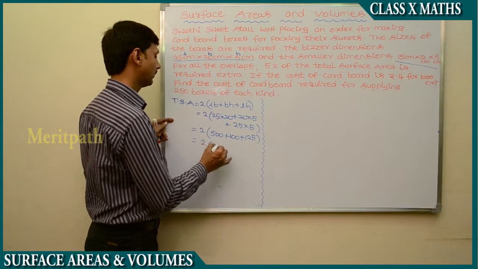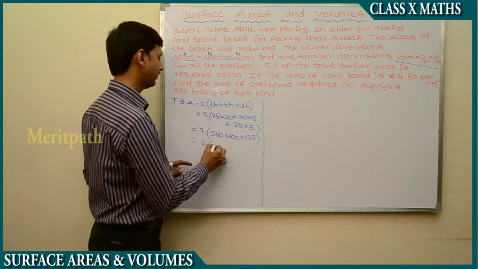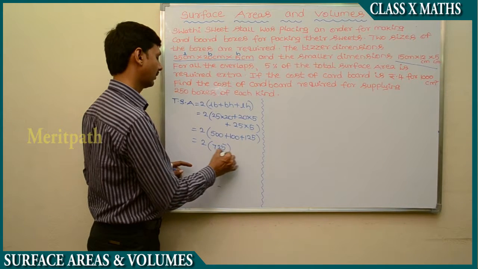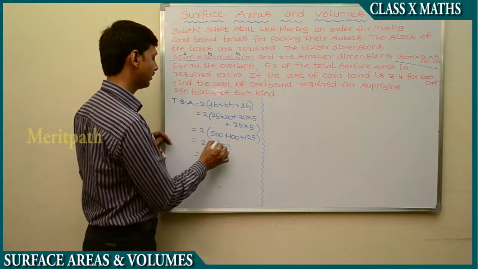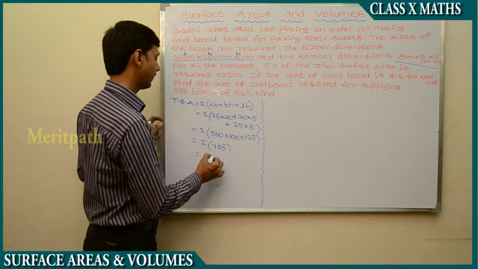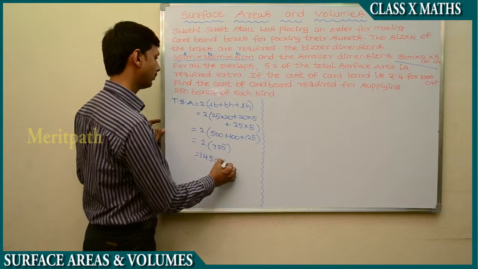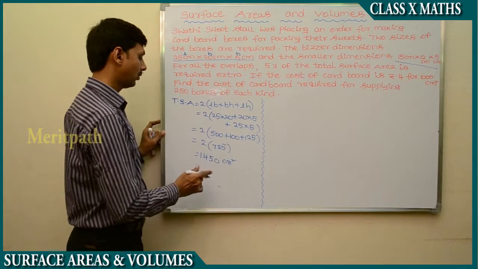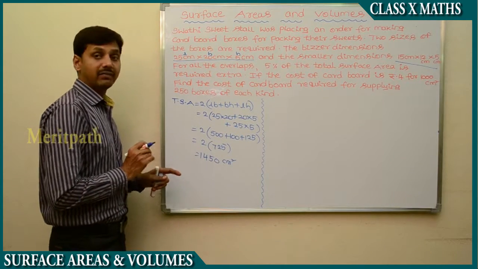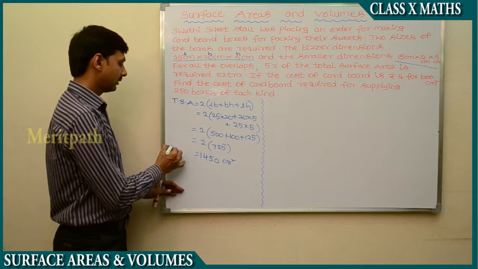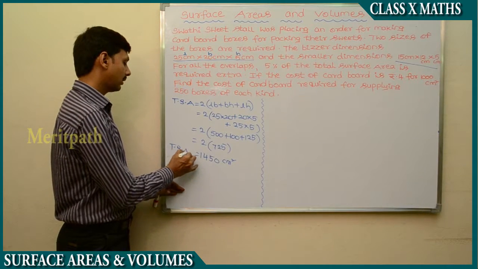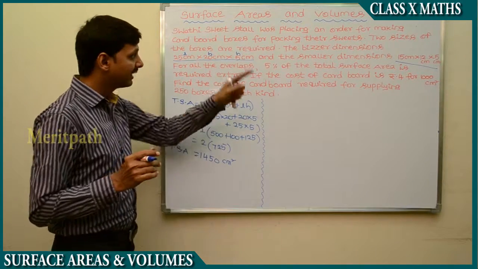So 2 into 725. Multiplying, we get 1450 centimeters square for the total surface area of this larger, bigger box.